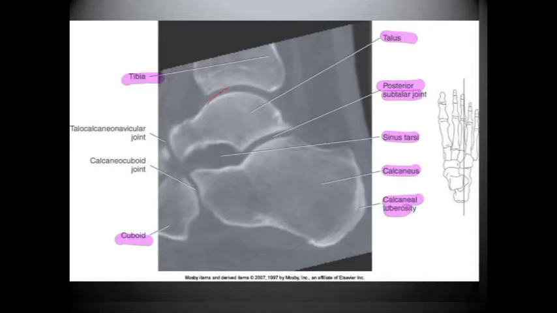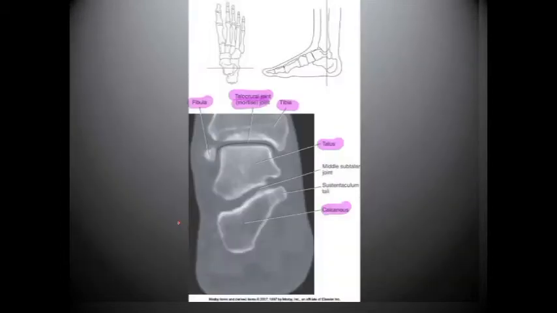Looking at it in terms of CT, here we have the talocrural joint, talus, tibia. Here we have the subtalar joint, sinus tarsi, calcaneus, and then here we have the cuboid. Here we have basically the mortise joint, the talocrural joint.